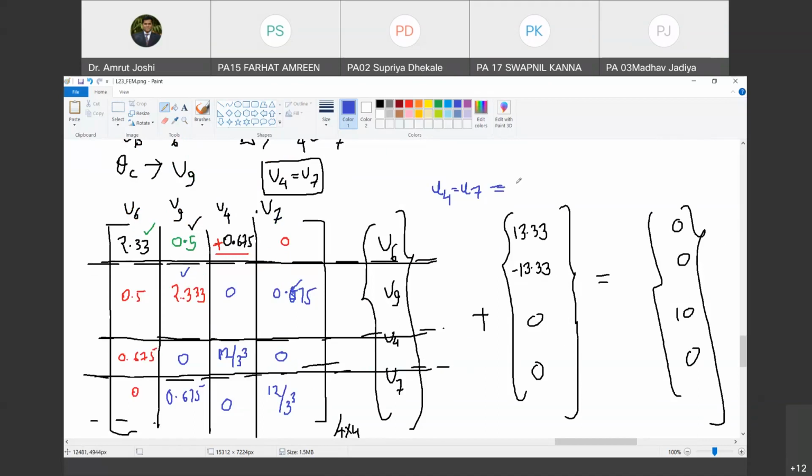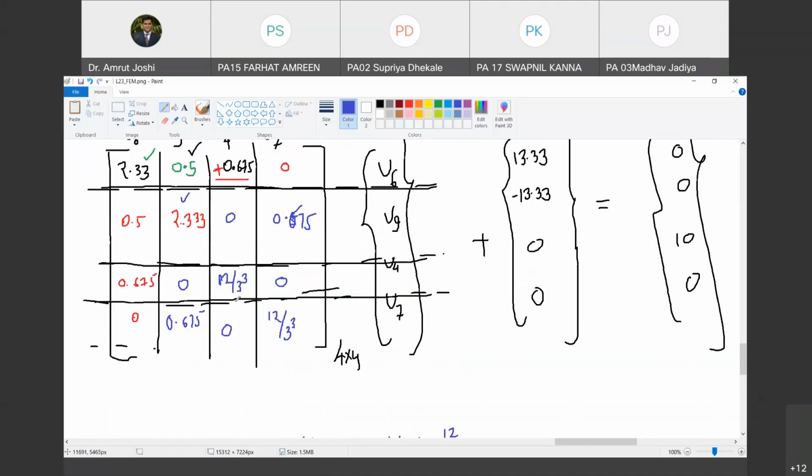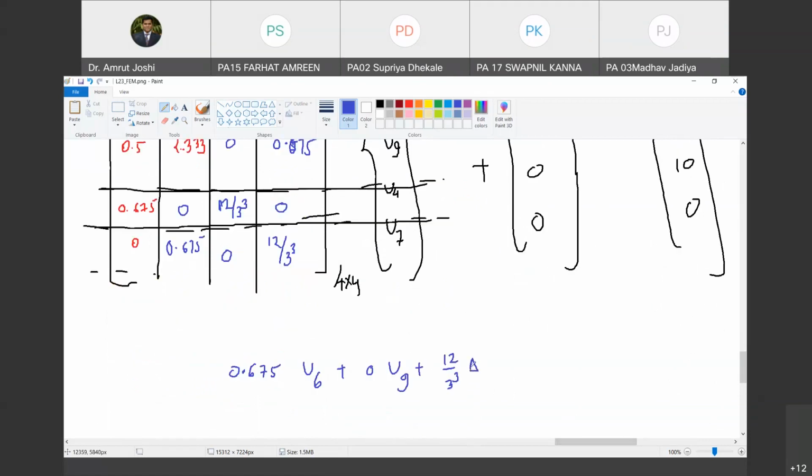I will call it delta. So 12 upon 3 cube into u4, which is delta, plus 0 into u7, plus 0 is equal to 0.